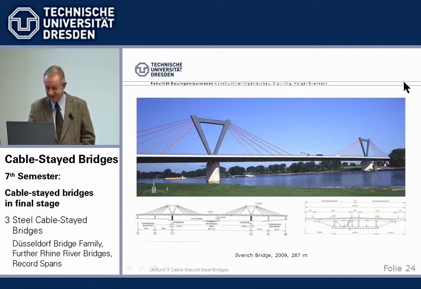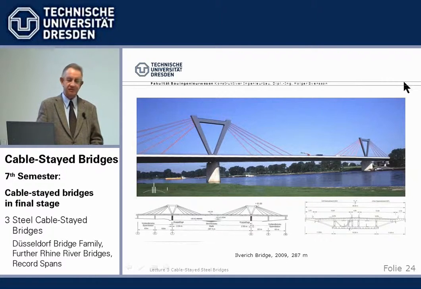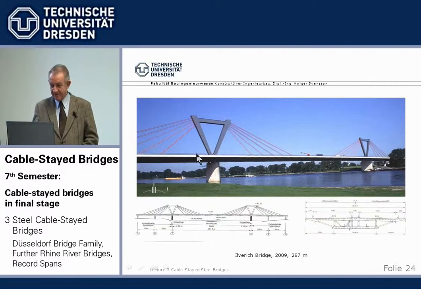Another special one, Ilvrich Bridge, also near Düsseldorf across the Rhine River. It's close to the Düsseldorf airport, meaning the height of the towers was restricted due to the planes landing and leaving the airport.